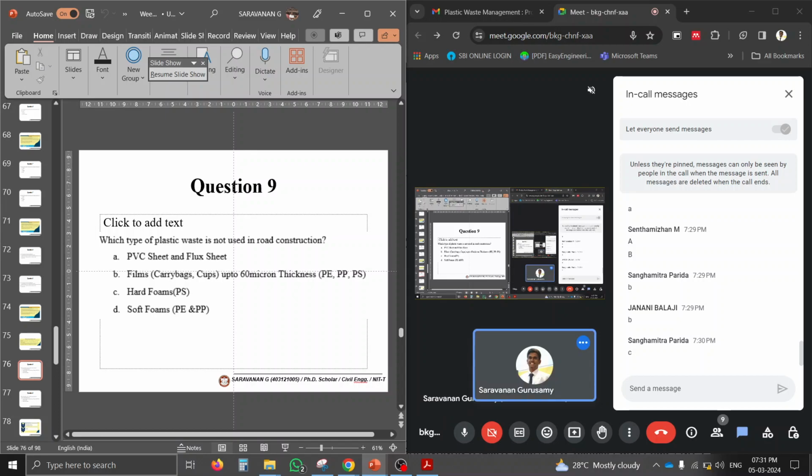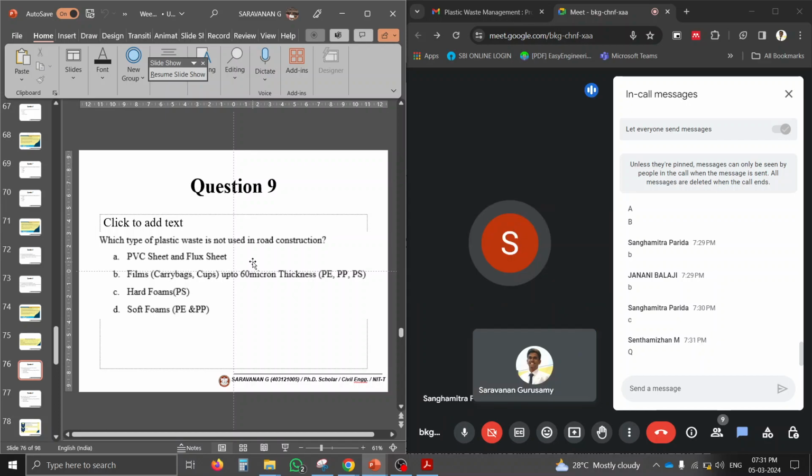What exactly is flux sheet? It's a sheet, banner sheets and all, you know, Naman.